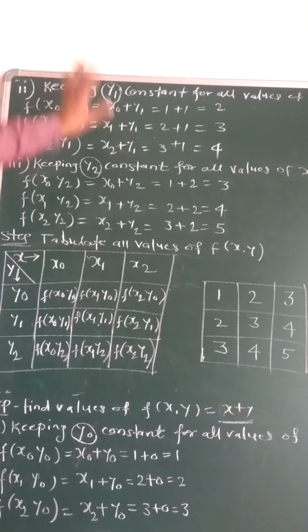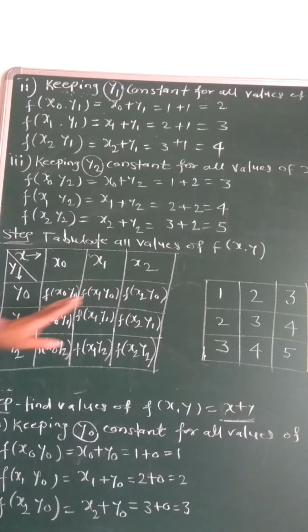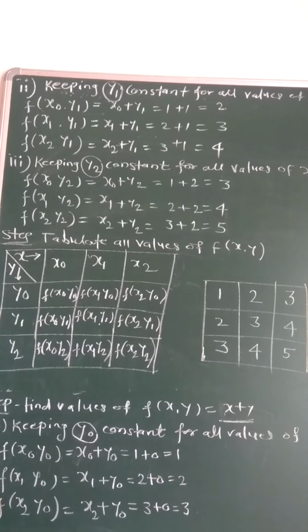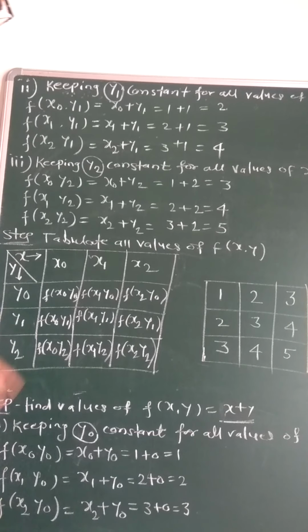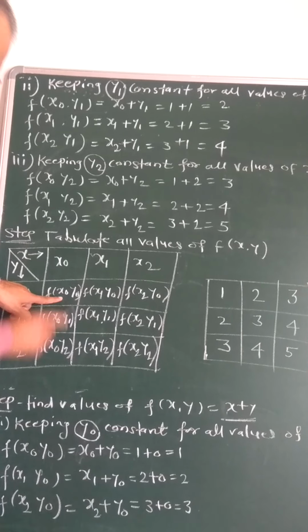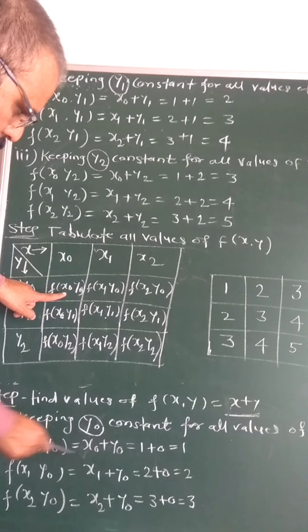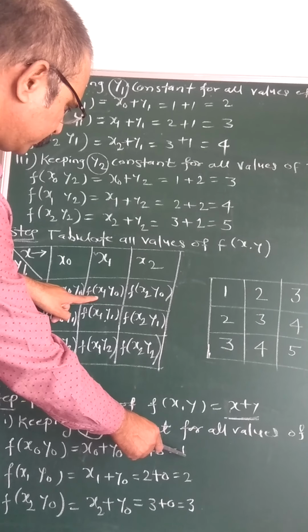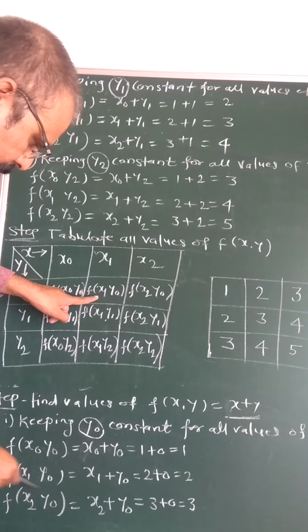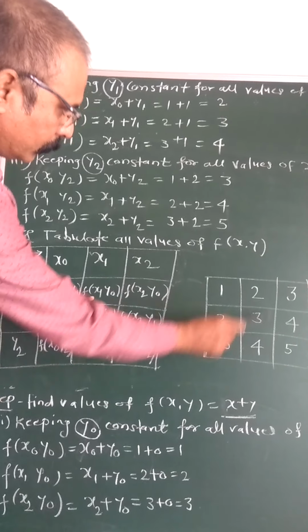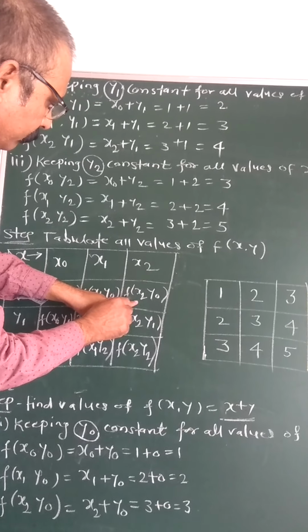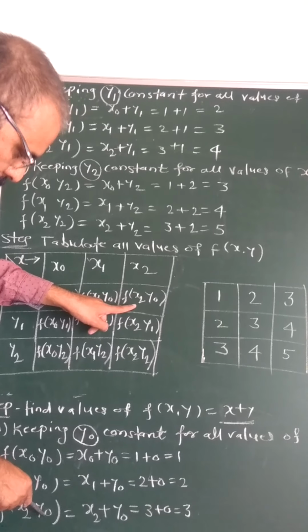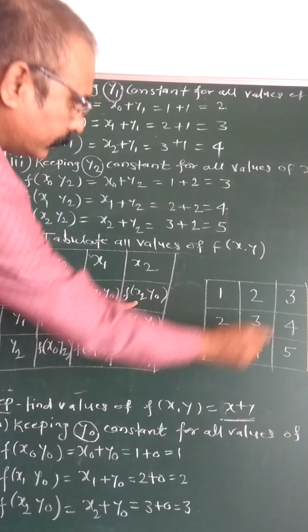Now, as we have calculated all the values for the given function, just put the values in the table. f of x0, y0 is equal to 1. Now the next value f of x1, y0 is equal to 2. Third value f of x2, y0 is equal to 3.